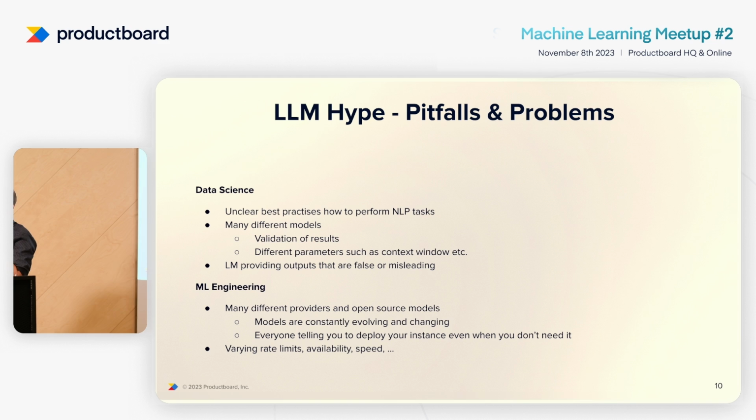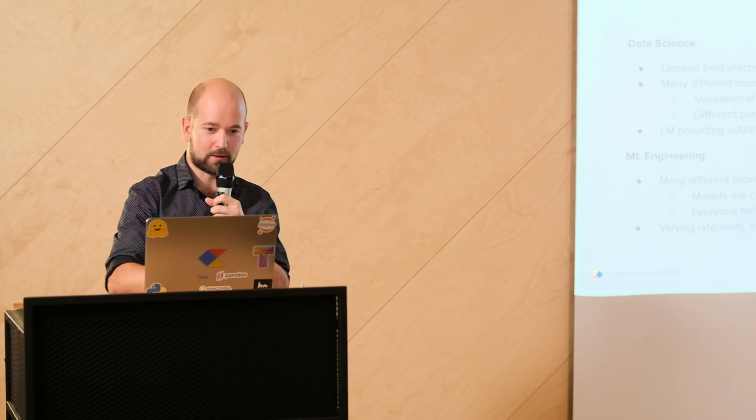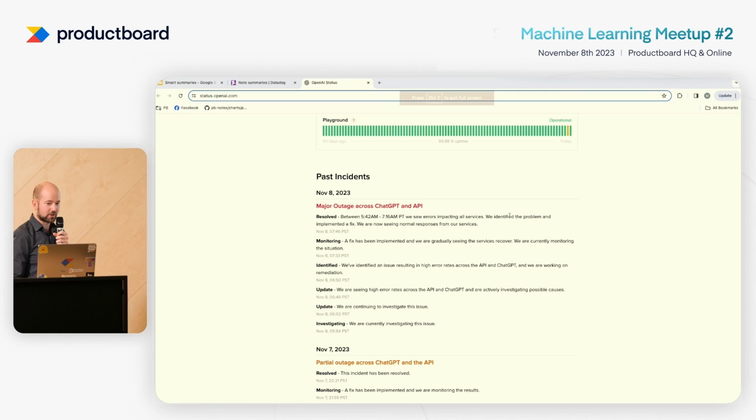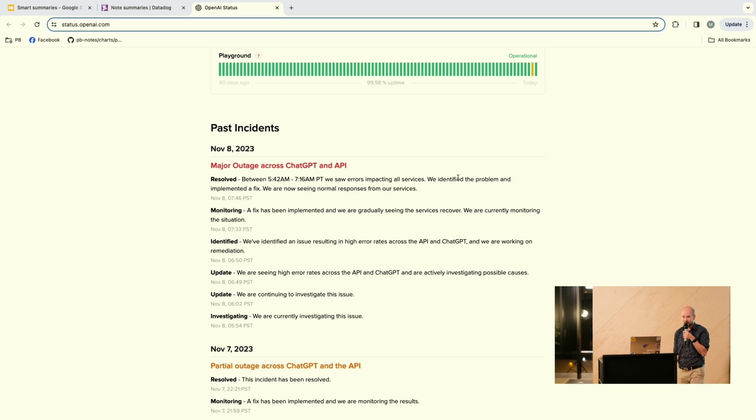For that, I just wanted to show you what happened 2 or 3 hours ago. There was a big outage of OpenAI. It was for 1.5 hours. The OpenAI APIs for both ChatGPT, GPT-4, and so on weren't working at all. And this affected all our services. We have like 5 different models in production.